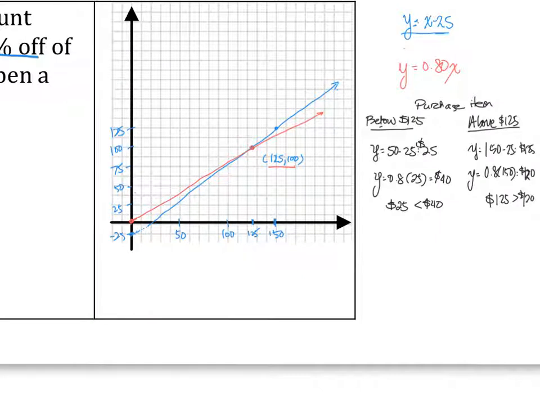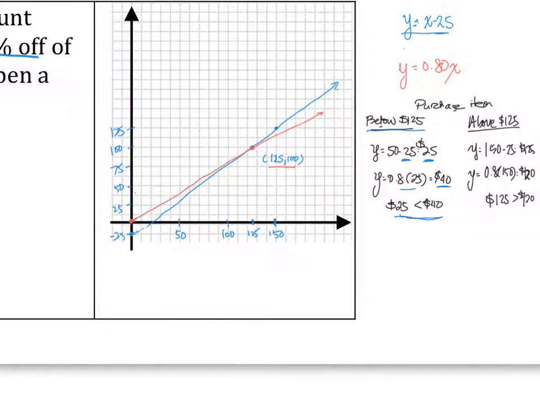So if your purchase item is below $125, if you take the $25 off, you will pay $25, for example. But if you take the 20% off, you will pay $40. So you're better off using the $25 discount.